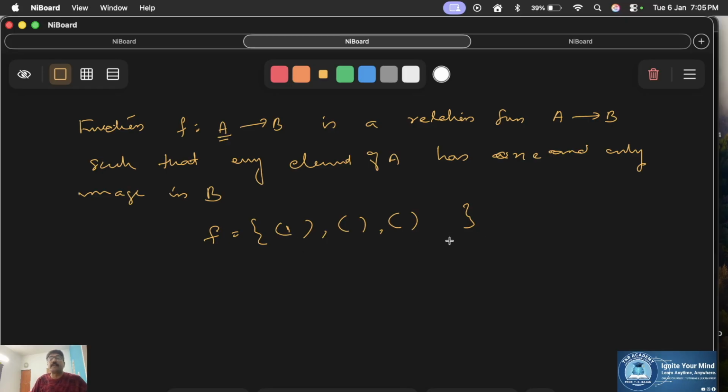Such a tabular form of relation is a function.